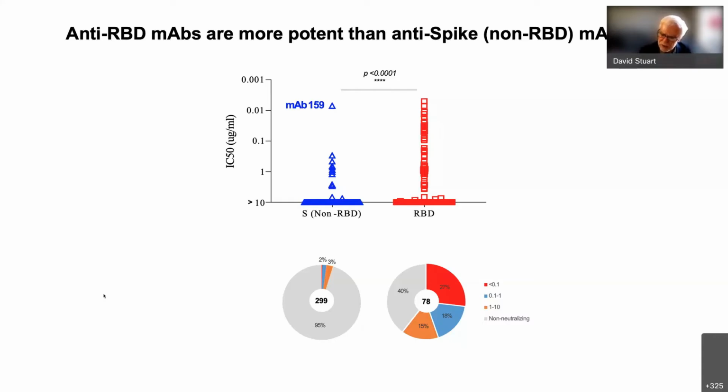Whereas the receptor binding domain antibodies, a good number of those, and you can see at the bottom, over a quarter of those were really potent neutralizing. By very potent, I mean less than 0.1 micrograms per mil IC50.